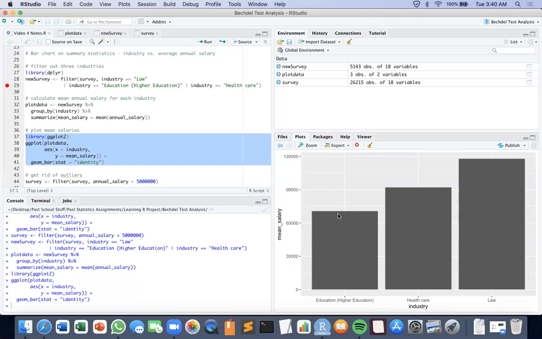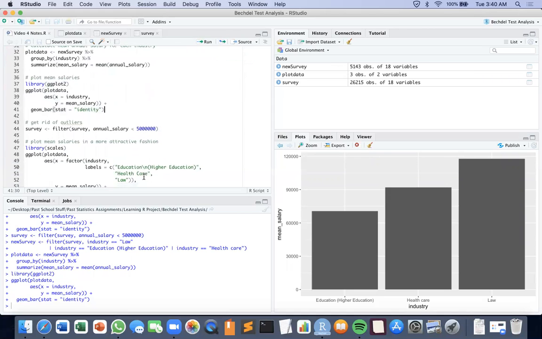A mean of about 75,000 for higher education. Healthcare is a bit higher than 90,000. Law, closer to 120,000. This seems like a very average progression of annual incomes. So we've made a pretty simple bar graph here.